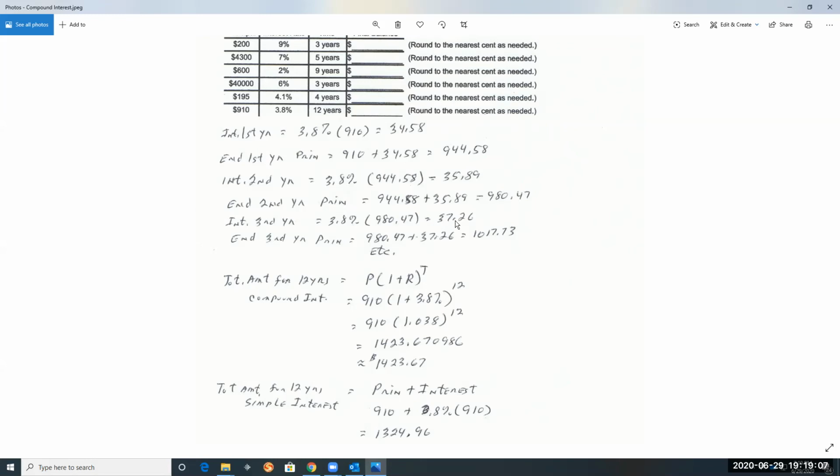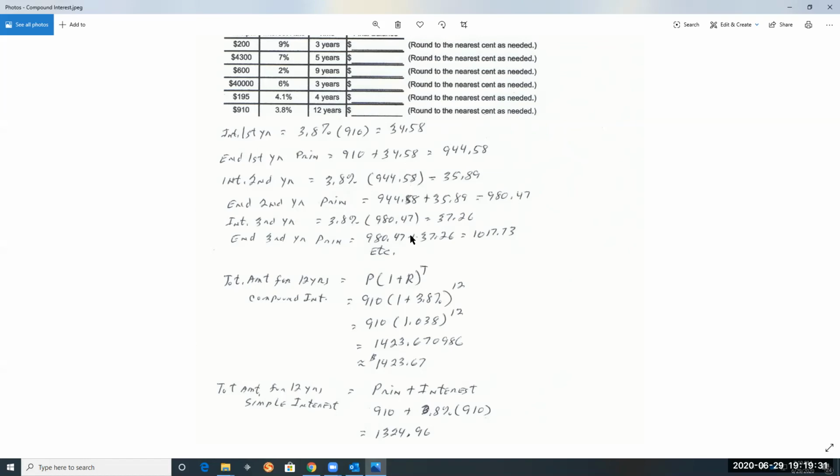That gives me an interest of $37.26. Notice the interest each year is going up a little bit. The amount of money at the end of the third year is $980.47 plus the new interest, $37.26, which gives us $1,017.73.